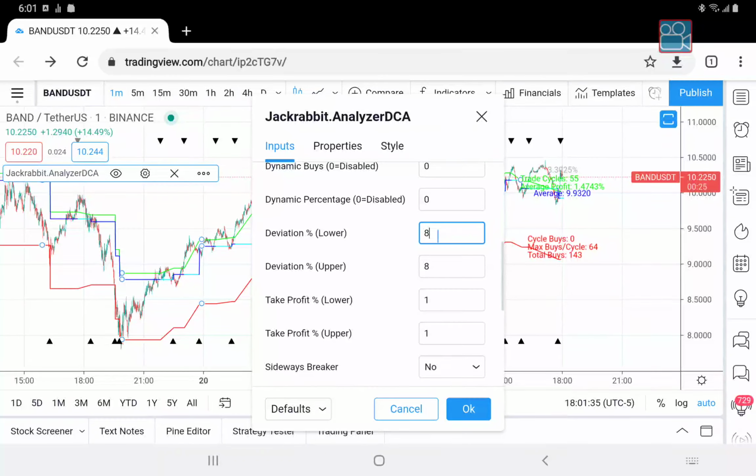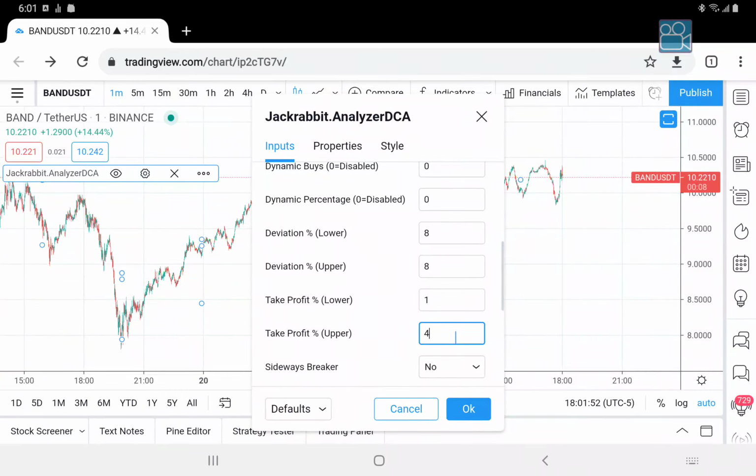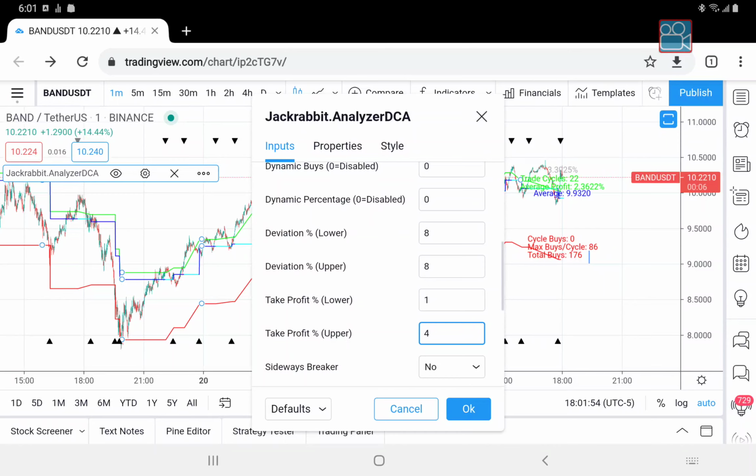Okay, now let's focus on the take profit. When they are both the same, standard functionality. Now, let's increase take profit upper boundary to 4%. It's the same context based upon maximum purchase per cycle.